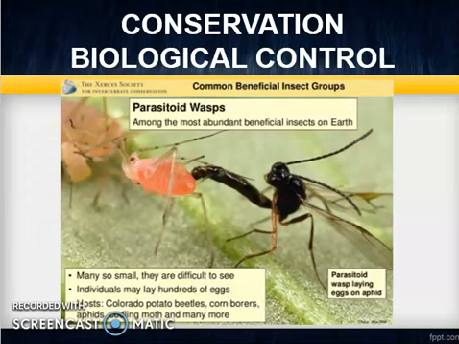So this is an example of an insect under the group of parasitoids that can be used to control insects, specifically aphids, on certain crops in the agriculture field. The characteristics of these parasitic wasps: many are so small in size that they are difficult to see with the naked eye. An individual may lay hundreds of eggs on its prey. Hosts include Colorado potato beetle, corn borer, aphids, codling moths, and many more insects that the parasitic wasp can attack.